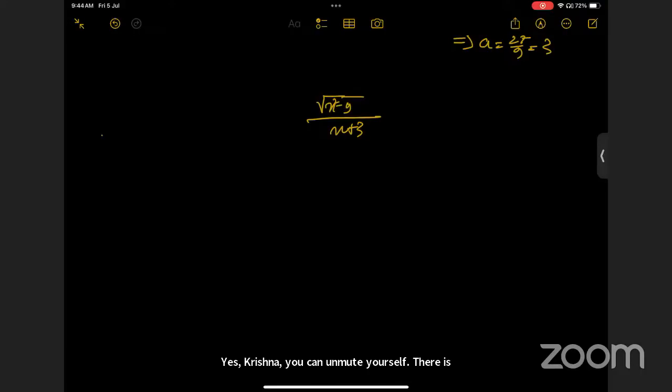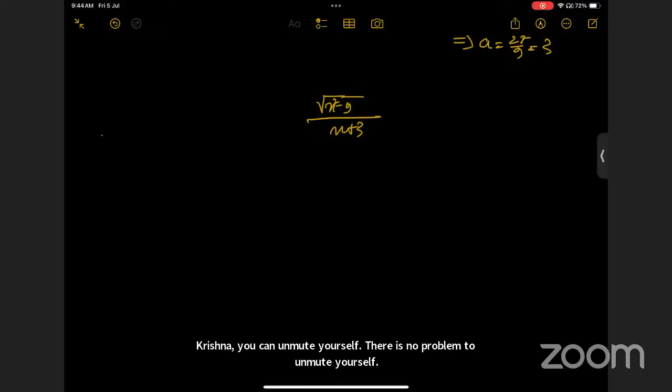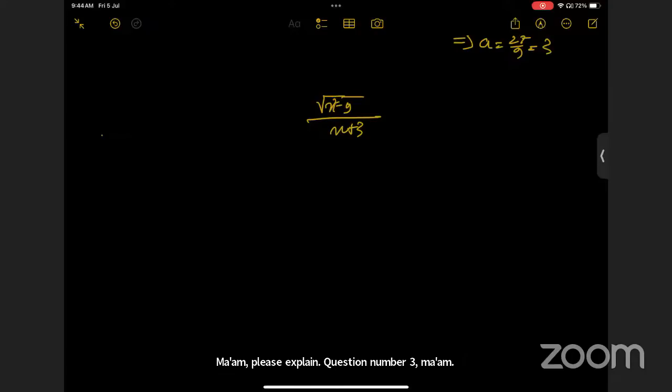Ma'am, please explain question number 3. Question number 3 is a multiple select question regarding one function in the respective interval. A polynomial is given and they are asking what the correct options are.